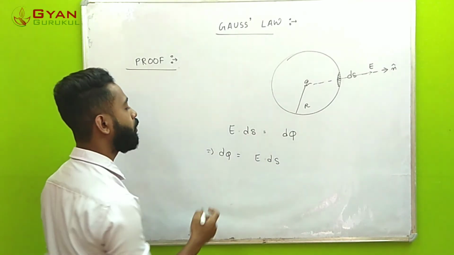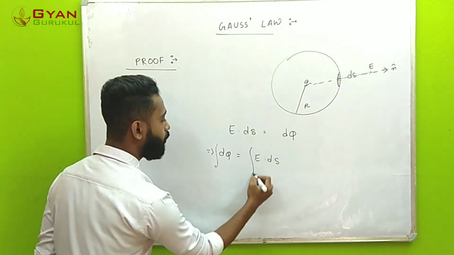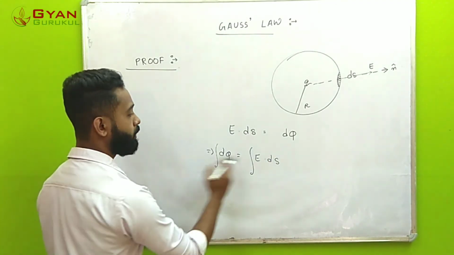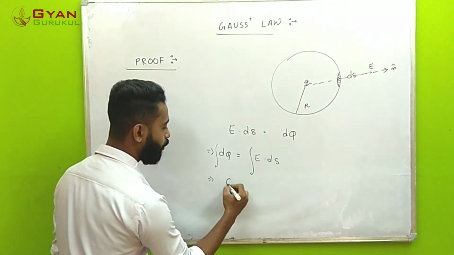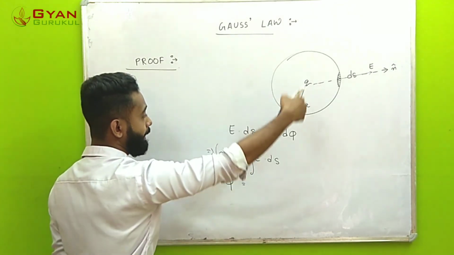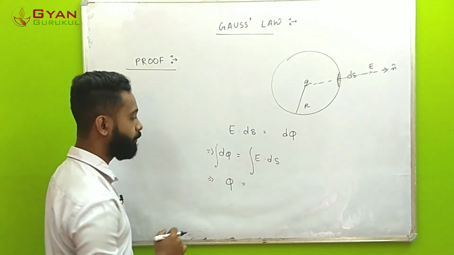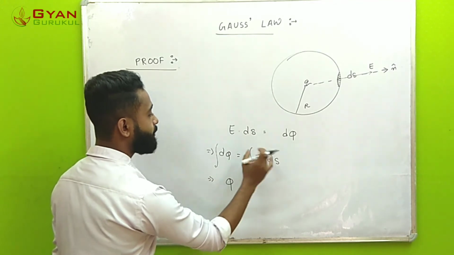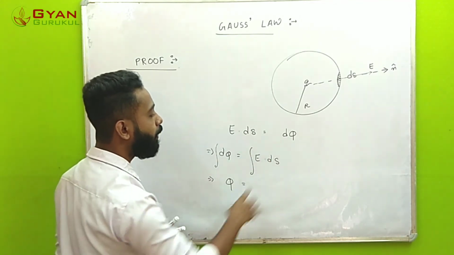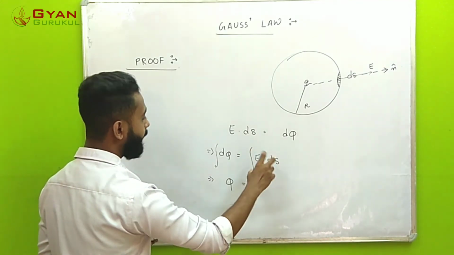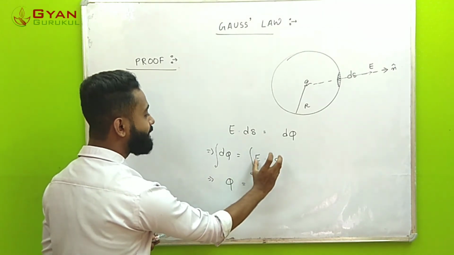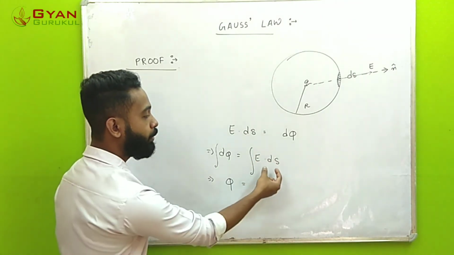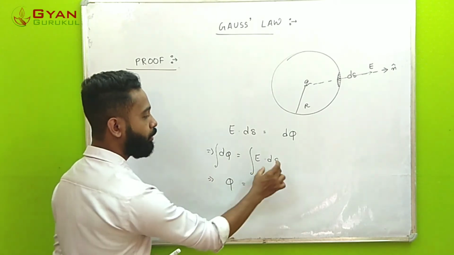In order to get the total flux, I need to integrate on both the sides. On this side, I'm going to get the total flux for that particular sphere or closed surface, and here I'm going to substitute the expression for electric field, and then integrate the result of that expression along with the surface area.